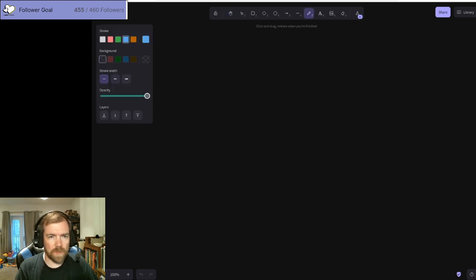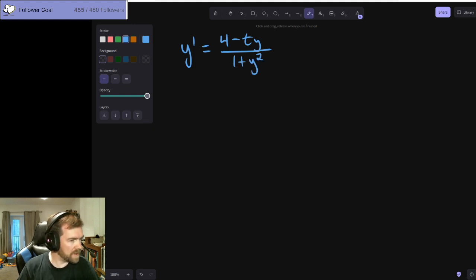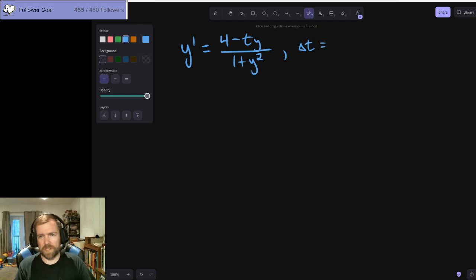So the example that I'm using is going to be y prime is equal to 4 minus ty divided by 1 plus y squared, where we want our delta t to be, and we could very well make this variable, but for today's purposes, we're going to stick at 0.1.